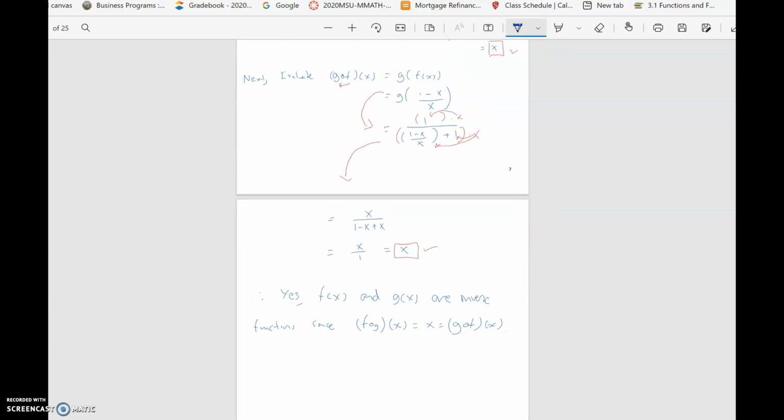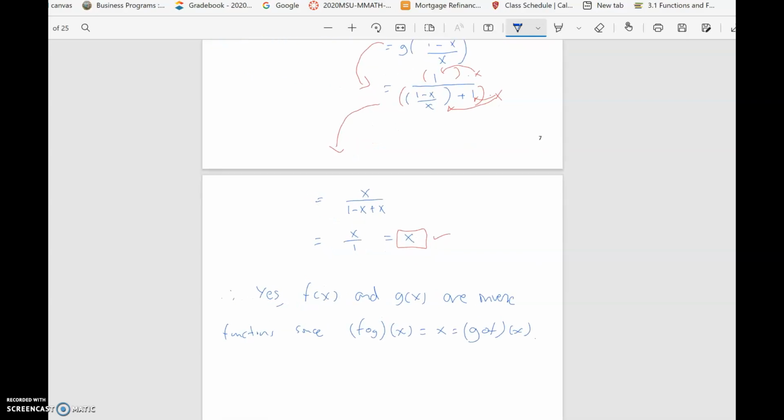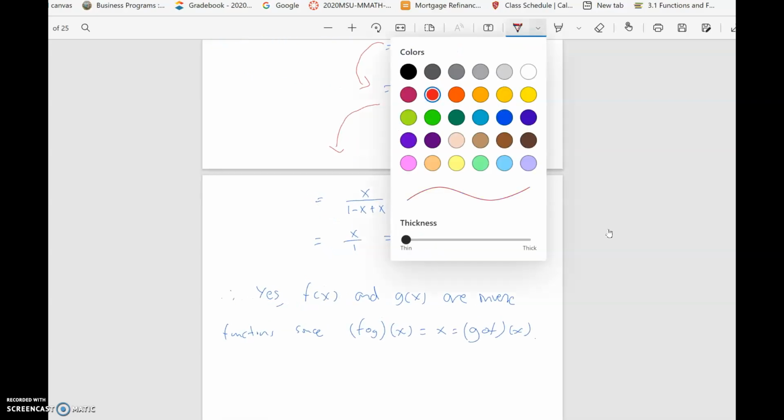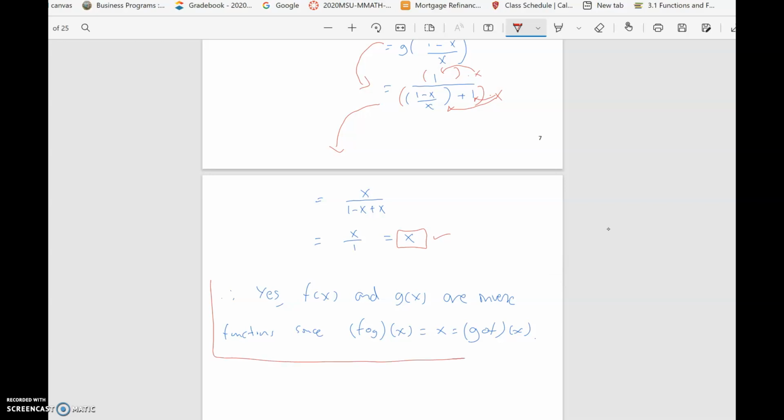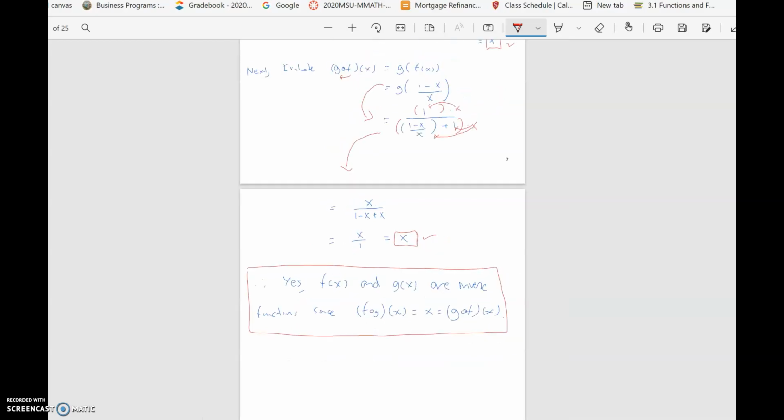You're not supposed to obtain anything other than a single x. If we ended up with something like 2x, then no, they're not inverse functions. That's it for this problem.